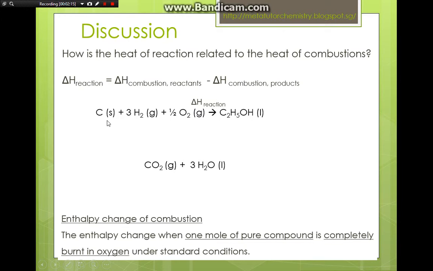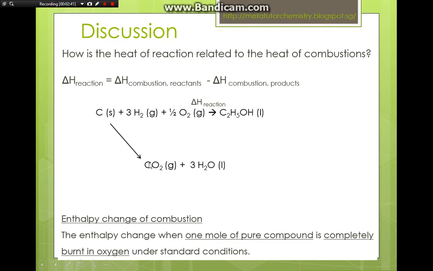Where do we draw the arrow if you were to form a cycle? If you look at the definition again, 1 mole of pure compound is completely burnt. So we start off from here, and then we draw towards the substances that are formed. We form carbon dioxide, we form water. So in this direction is the heat of combustion.